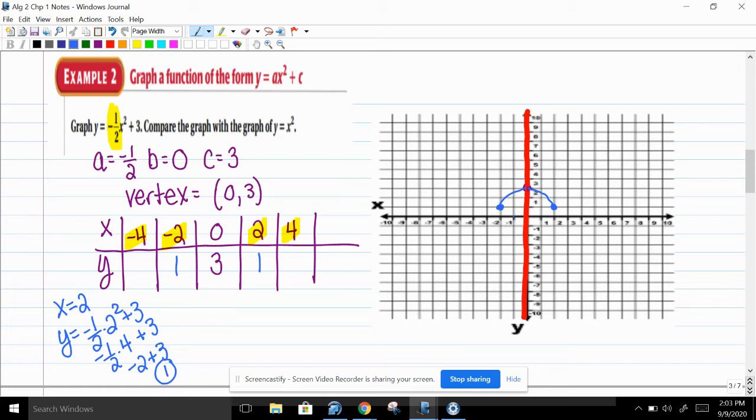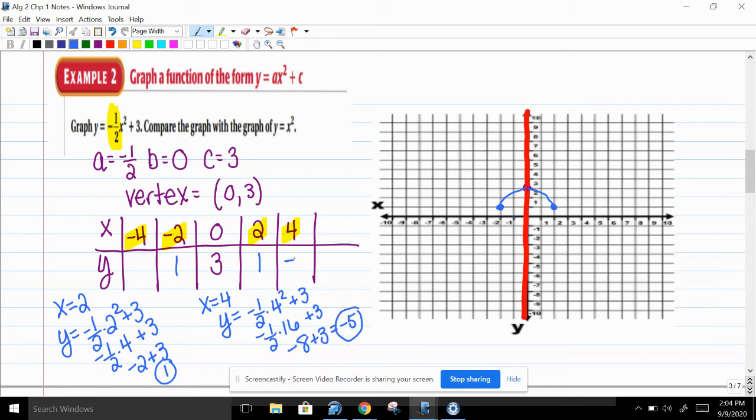Okay, now let's plug in 4. When x is equal to 4, y is equal to negative 1/2 of 4 squared plus 3. So negative 1/2, 4 squared is 16 plus 3. Negative 1/2 of 16, that's going to give me a negative 8 plus 3. That's a negative 5.